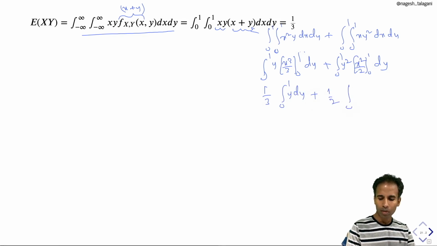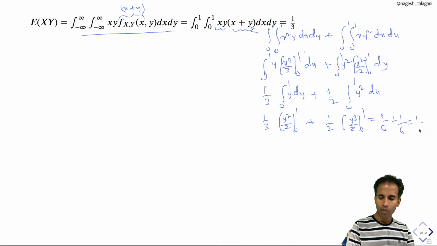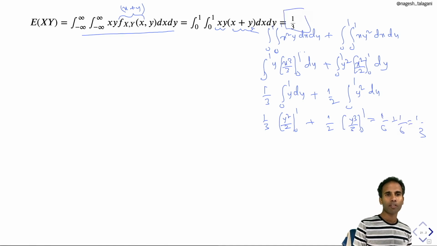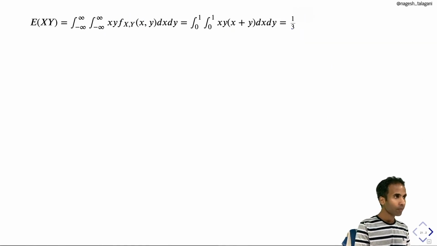Let me write out integral 0 to 1 y square dy. So 1 by 3, y square by 2, 0 to 1, 1 by 2, y cube by 3, 0 to 1. So it's going to be 1 by 6 plus 1 by 6. It's going to be 1 by 3. Okay, that's why expectation of xy is going to be 1 by 3.